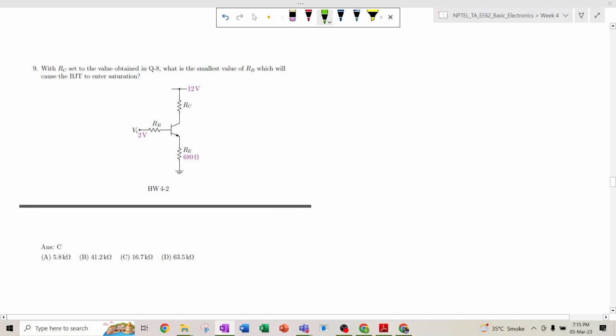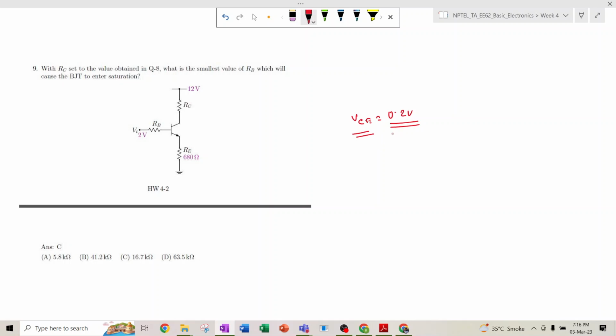What is the smallest value of RB which will cause the BJT to enter into the saturation region? Basically, whenever the BJT enters the saturation region, the collector emitter voltage is equal to 0.2 volt. It cannot be lower than that. This VCE value should be fixed, that is 0.2 volt.